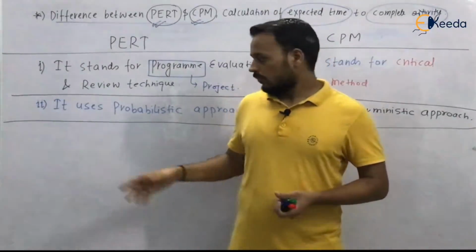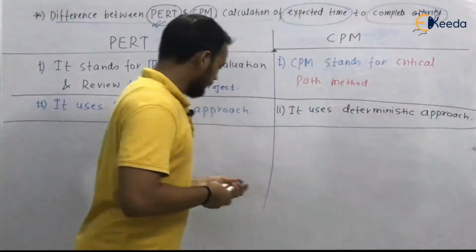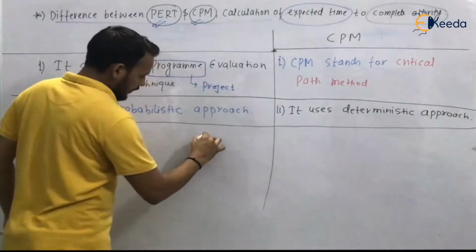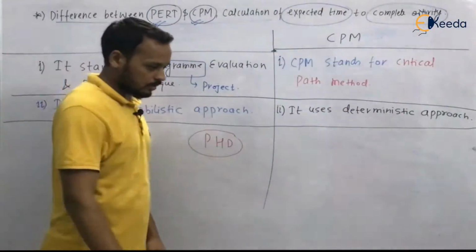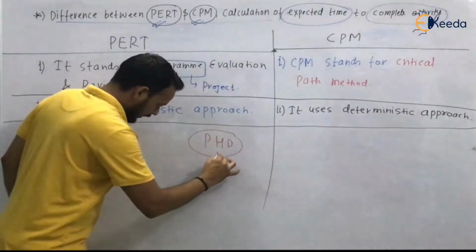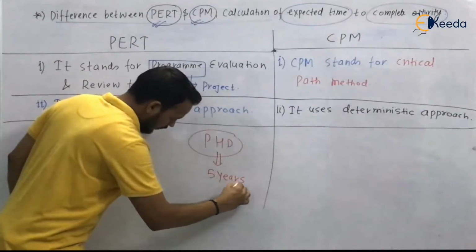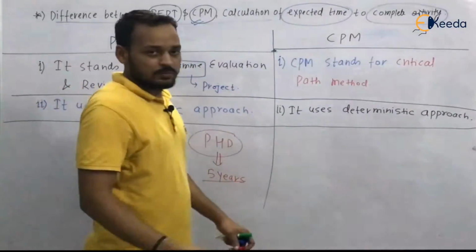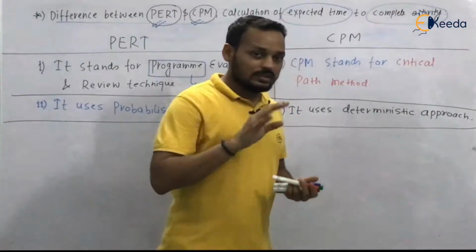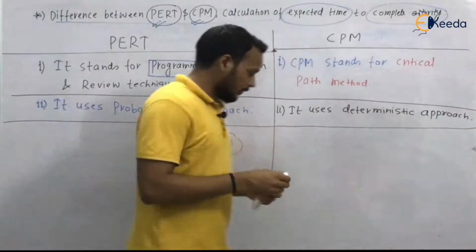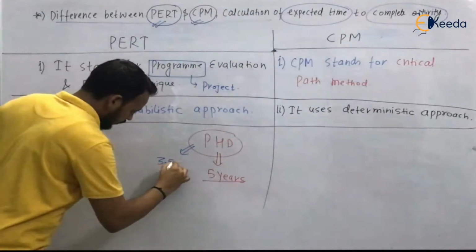Suppose you take admission in the PhD. So what is the duration? It is said that PhD will be completed in 5 years. But when you reach there, someone says that it can be completed in 3.5 years.